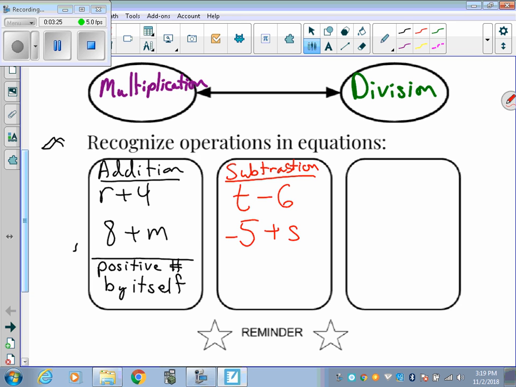That negative 5 we still want to think of as a subtraction. To get rid of it, we add. Or think of it as a negative 5. To get rid of that, we add 5. To get rid of the negative 6 or the subtracting 6, we add 6. So in other words, the subtraction we can think of as a term with a negative sign in front of it.